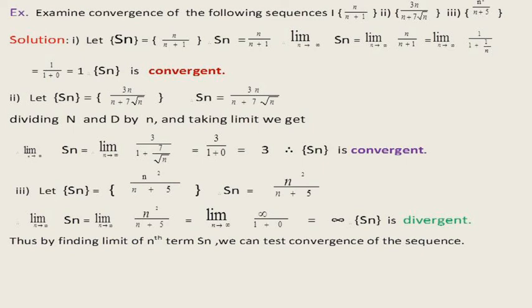And for the third sequence, dividing by n we get n upon n plus 5 upon n, and its limit, as n tends to infinity, is equal to infinity, which is divergent. So the next terms we see in the next lecture.